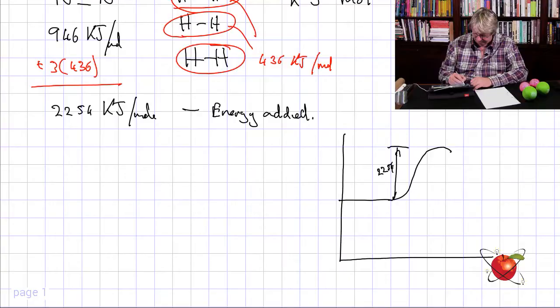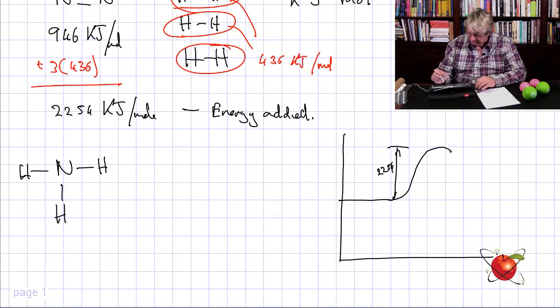Now, let's have a look at the opposite side, shall we? Let's have a look at the breakup side, or rather the makeup side. We're making up like that, aren't we? So if you look at each individual one over here, each of the molecules of ammonia is composed of, let me just get another one of those out there.